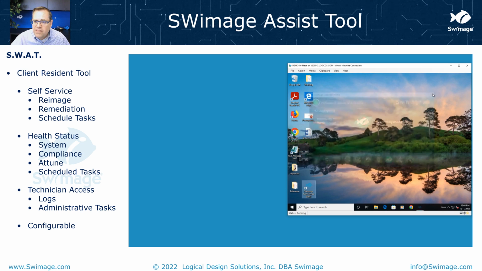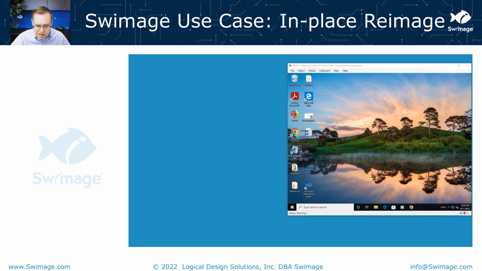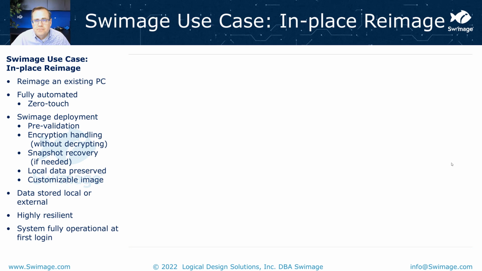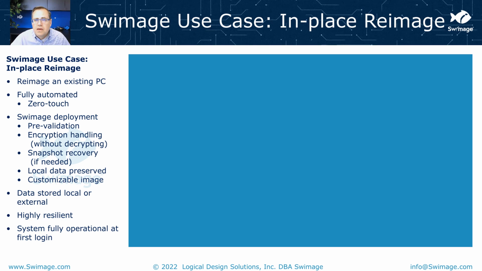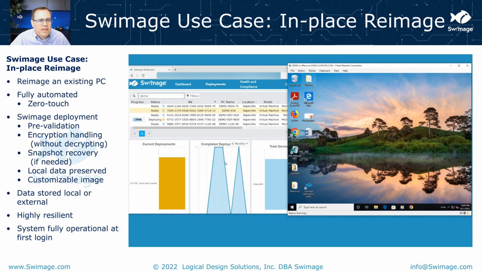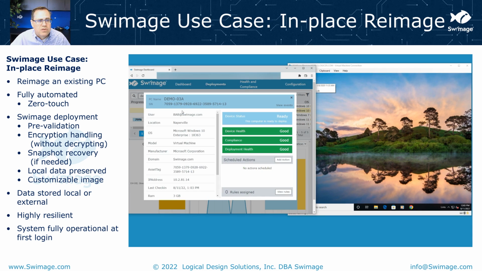I'm going to jump out of that though, because what I want to demonstrate, instead of kicking this off through the self-service tool, I want to actually kick it off through the Swimage tool, okay, in the web console. Okay, so I'm going to jump back to the web console, and then I'm going to kick off this machine through here. So everything's good. Main thing I'm looking for here is the deployment health is ready.